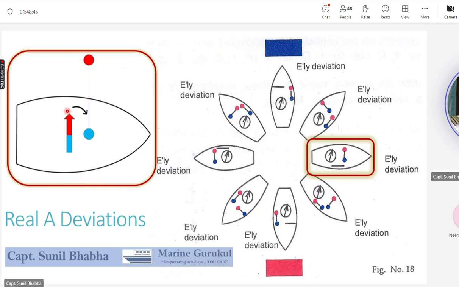So it swings clockwise towards the blue pole shown by this arrow, generating an easterly deviation. Also, this blue pole repels the blue end of the compass needle, and this also adds on to the clockwise swing or the easterly deviation generated in the compass needle.